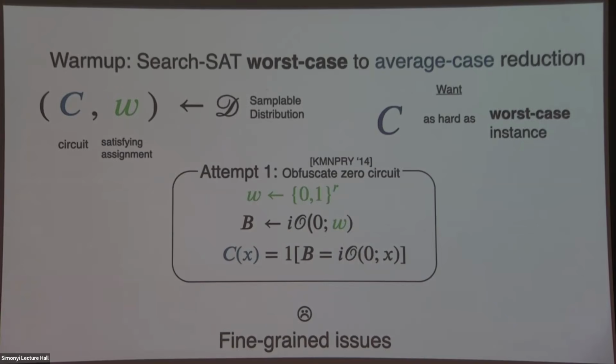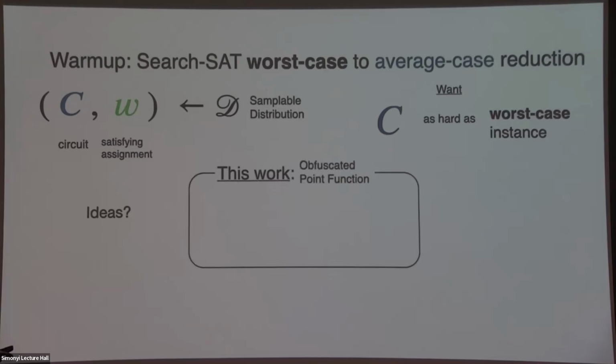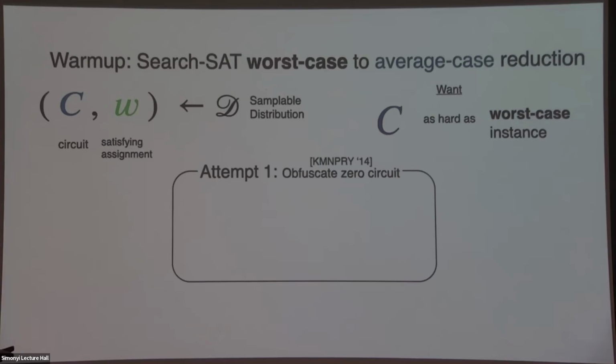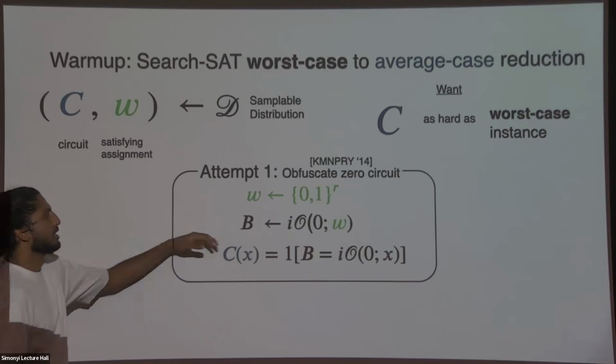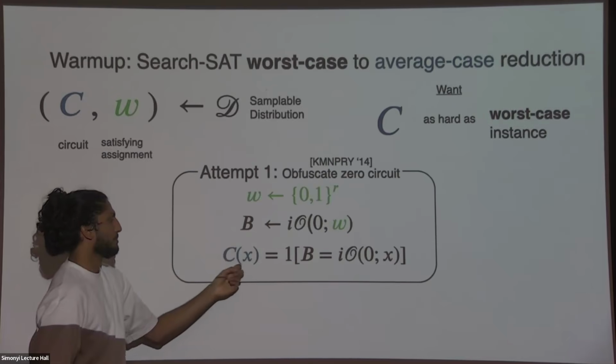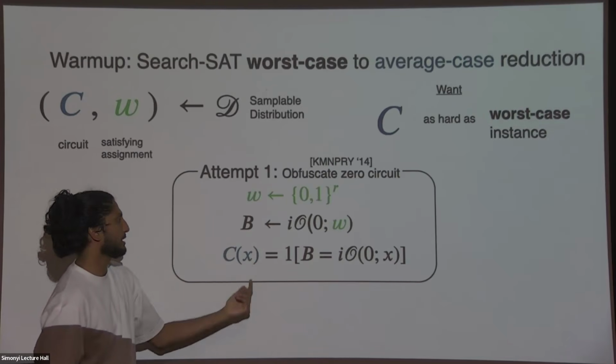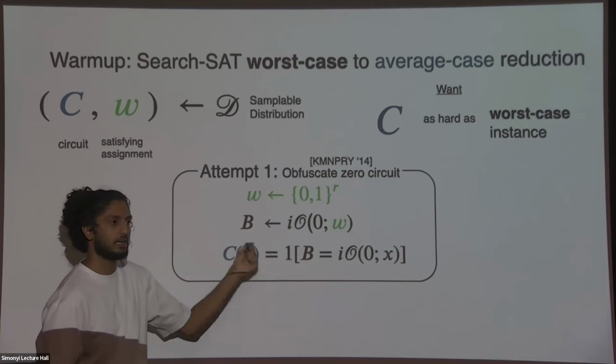Okay, good. Does anybody have any ideas as to what maybe you could do instead? The problem with this is that the way we were using IO is that we wanted to say that if you could find a satisfying assignment to this circuit C, then I can solve SAT in the worst case.